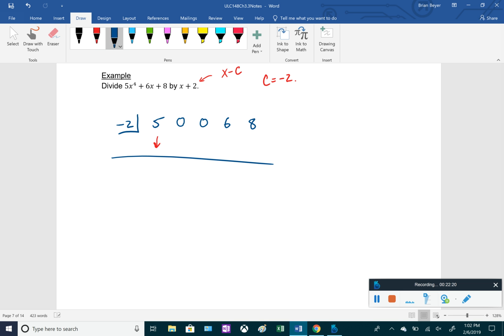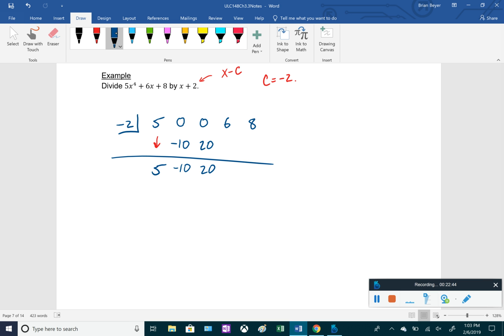We're going to bring down that first one. So pretty much everything we did so far is just the setup. Now we're going to multiply, add, multiply, add, multiply, add. So negative 2 times 5 is negative 10. Add down, we get 0 plus negative 10, negative 10. Negative 2 times negative 10 is 20. Add down 0 plus 20, 20.